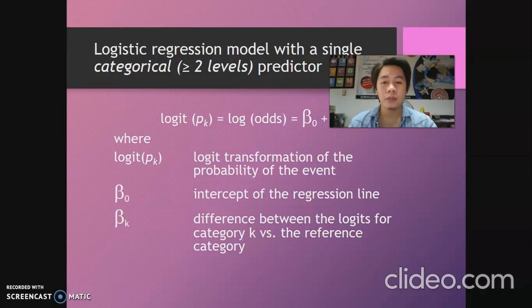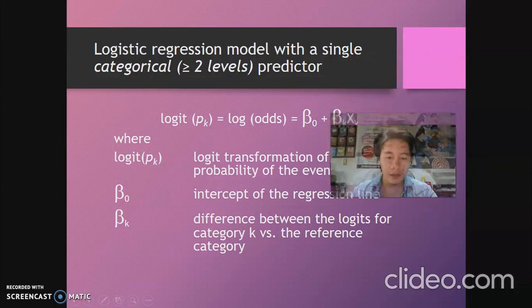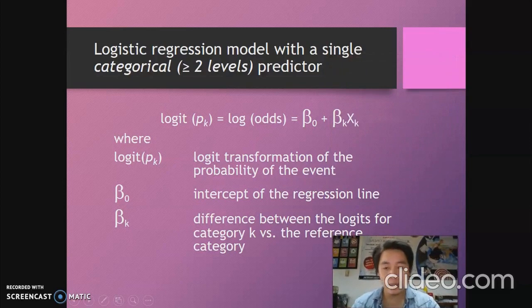Logistic regression model with a single categorical predictor with K levels. Logit of pi k equals the log odds, coefficient 0 plus coefficient k times x k, where logit of pi k is the logit transformation of the probability of the event.